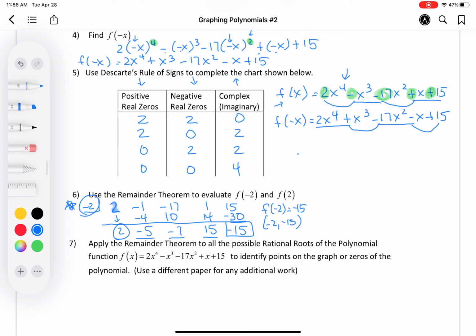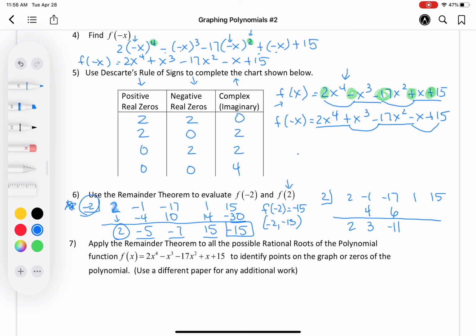All right, I'm going to do it one more time, but this time I'm going to use a 2. So same coefficients, 2, negative 1, negative 17, 1, and 15. Okay, same thing, bring down the 2. 2 times 2 is 4. Negative 1 and 4 is 3. 3 times 2 is 6. I add, this is negative 11.